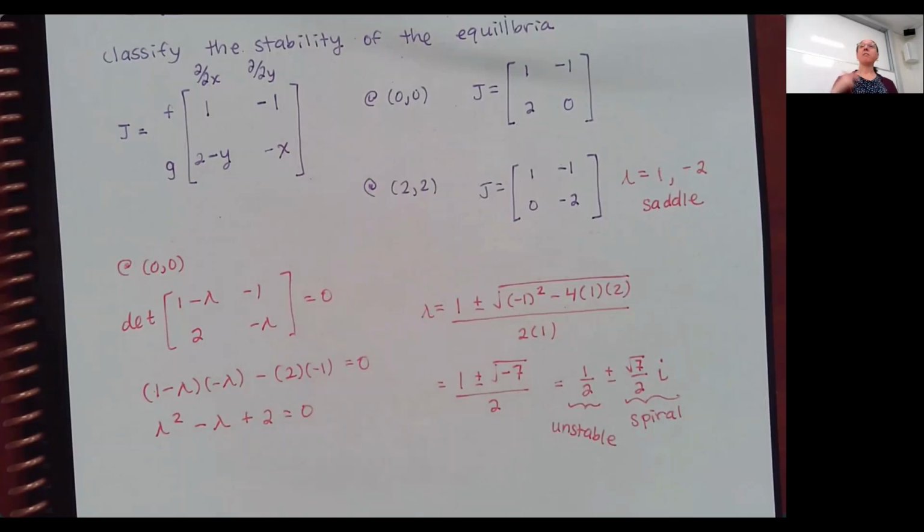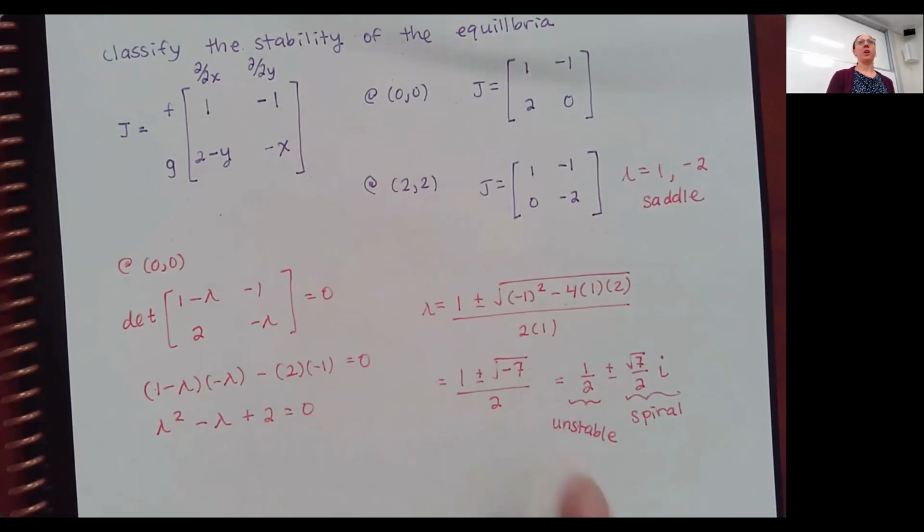So this one follows the same rules as if it's not complex. If this part's positive, I know we're unstable. If this part's negative, I know we're stable. Because we didn't do trig in here, we are not really going to explore why that's happening, but it's Euler's equation that is causing this part to determine whether my oscillations are getting smaller or bigger in amplitude.